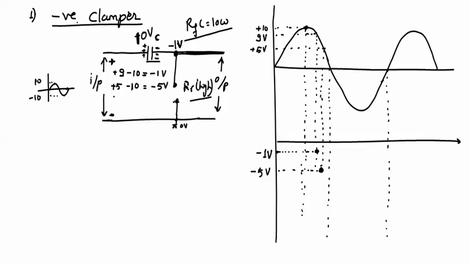Now if input is 10 volt, then minus 10 will be added by the capacitor, so output will be minus 10 volt. Now if input is in its negative half cycle, means it is at minus 5 volt, then minus 10 volt will be added, the resultant will be minus 15 volt.